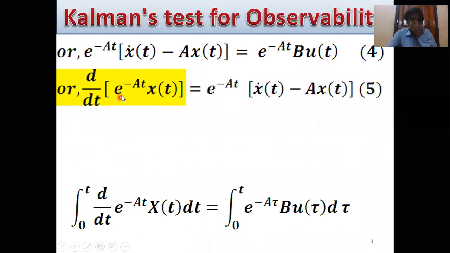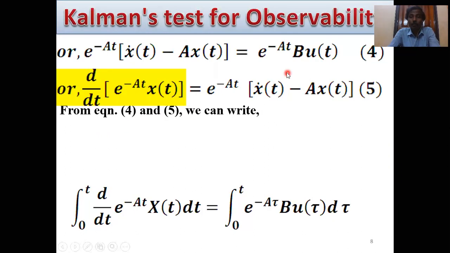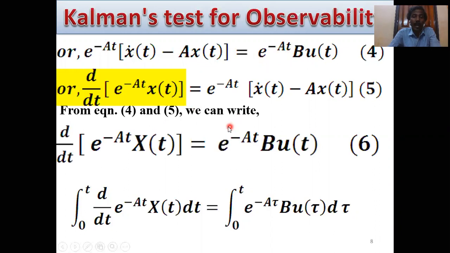Then d/dt of e to the power minus at x(t) equals e to the power minus at (x dot(t) minus a x(t)), and from equation 4, e to the power minus at (x dot(t) minus a x(t)) is equivalent to e to the power minus at b into u(t). From equations 4 and 5 we can write this, the left hand side terms, as equivalent to e to the power minus at b into u(t).